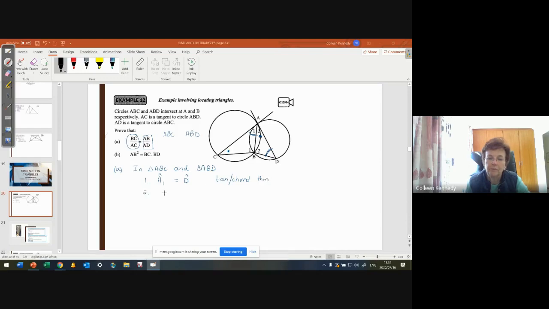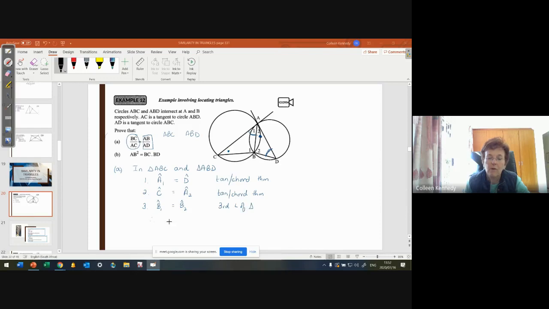Two: angle C, because it comes from that triangle, equals A2, tan chord theorem. And your third thing will be what's left over, which is B1, and that's going to equal B2: third angle of triangle.